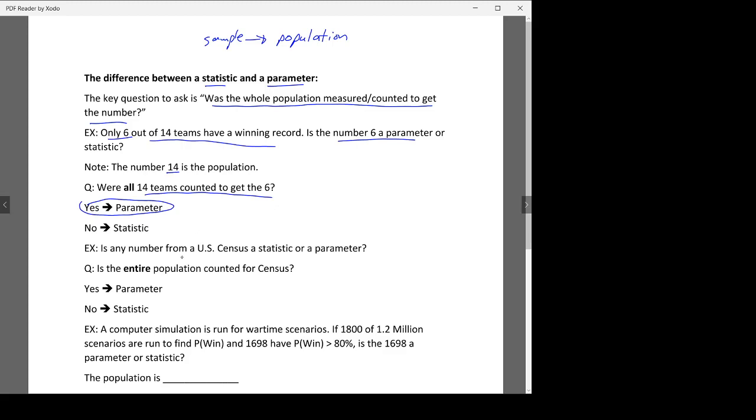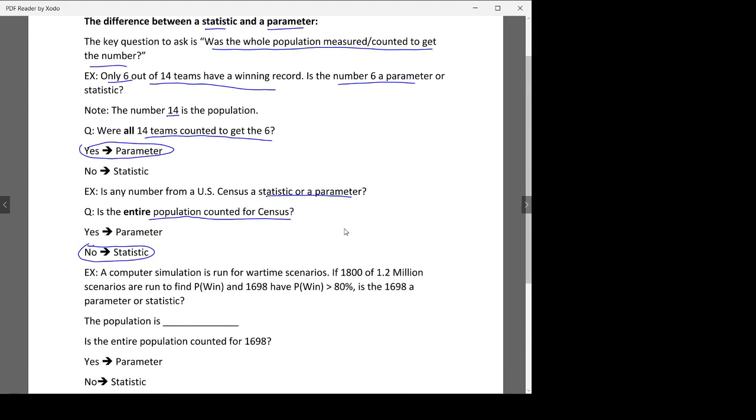So let's try another one. Is any number from a U.S. census a statistic or a parameter? The question again: was the whole population counted for the census? You should know right there's no way you can count everyone. For one thing, it takes so much time to count them that some people are born or dead by the time you're done counting, so there's no way you could be accurate.